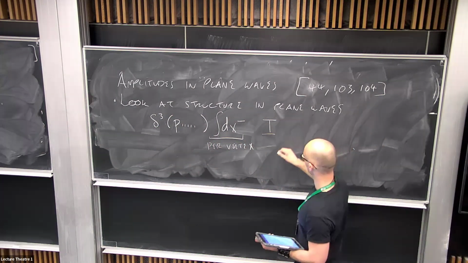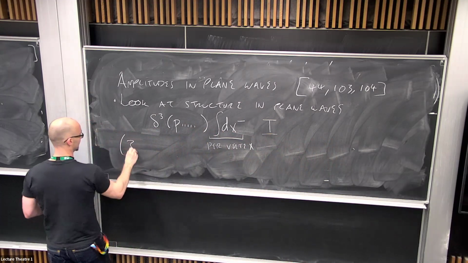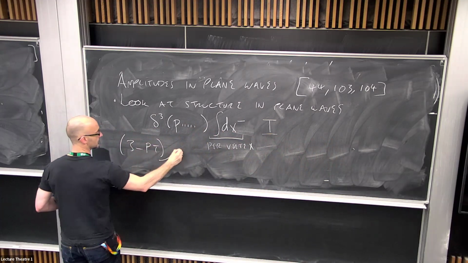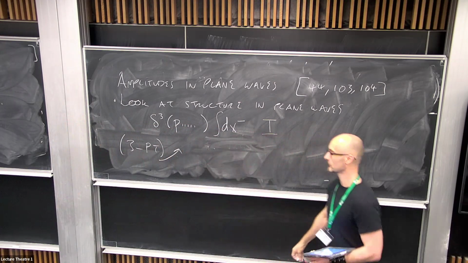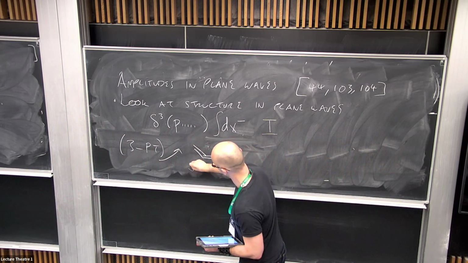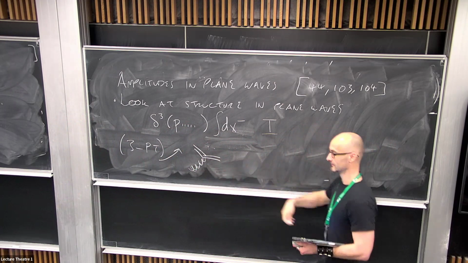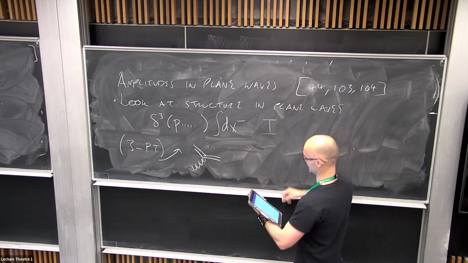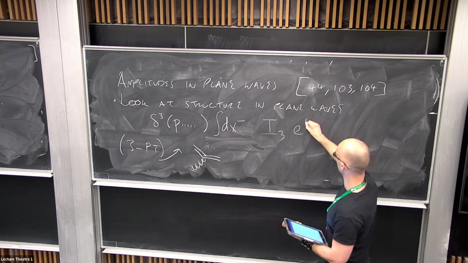We're going to look at 3-point just to make life simple. So we've only got one of these x minus integrals. Let me draw it. That's my attempt at a double line for a gluon. Do it better. You've got some 3-point thing there, and you've got an exponential.